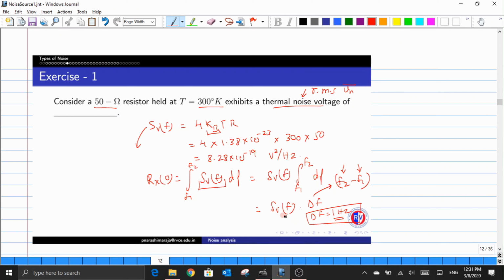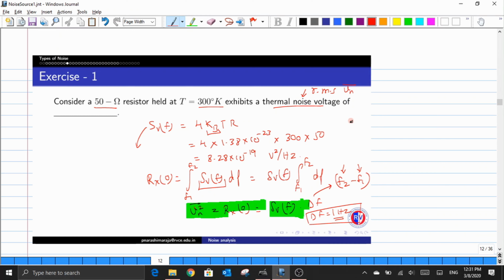And the value that we would get out of this expression is nothing but the mean square value. One thing that one could observe here is that the variance is exactly equal to the power spectral density.